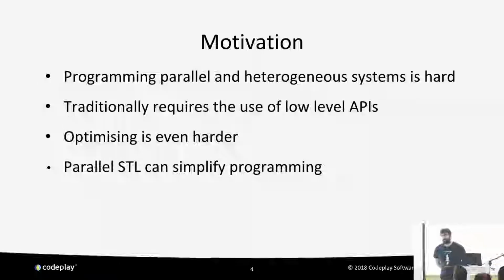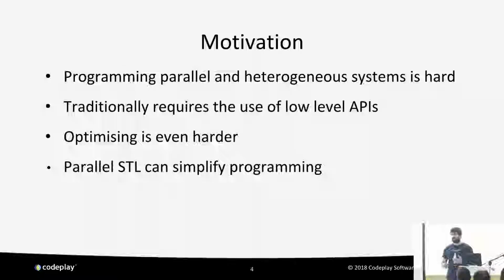So programming on heterogeneous devices has been quite a difficult activity because there are additional things to worry about, such as deadlocks and race conditions. We've traditionally been using low-level APIs like OpenCL or CUDA, but higher-level APIs such as SYCL have started to appear in recent times.